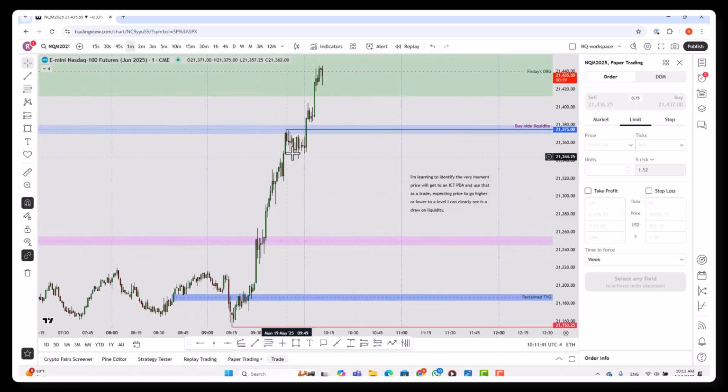I know that we are likely to revisit the opening range, and today's opening range going from this low all the way up to this level. We may do that. And if we don't do it, then we are really, really bullish. And this is probably going to be the low of the week.